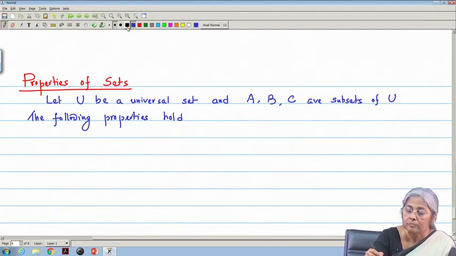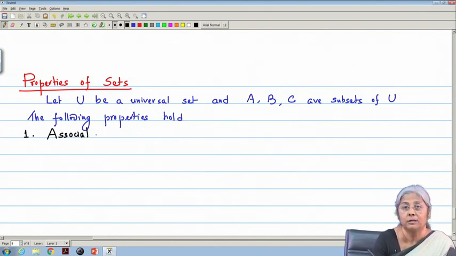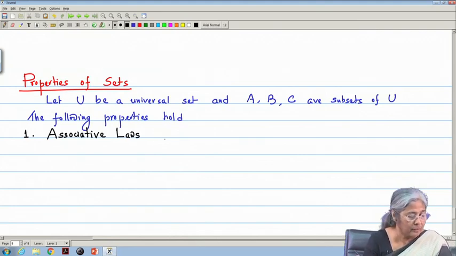So, the first property we give the serial number 1. We call these properties the laws, since we can prove them. So, first is the associative laws of sets.